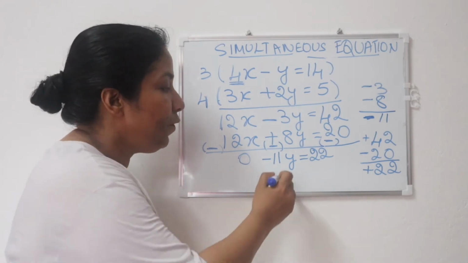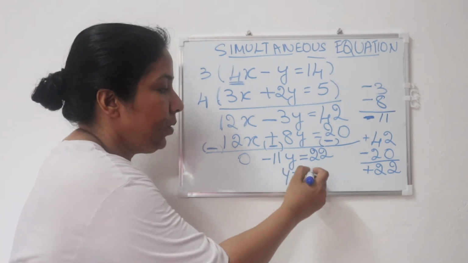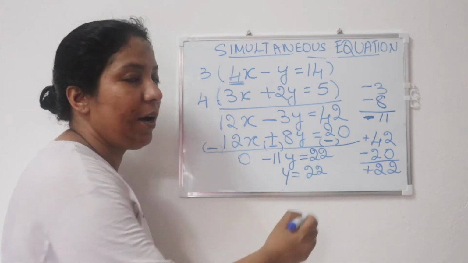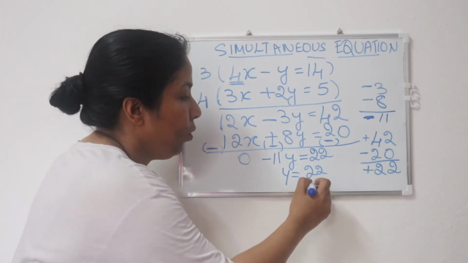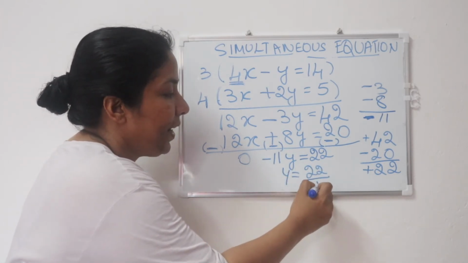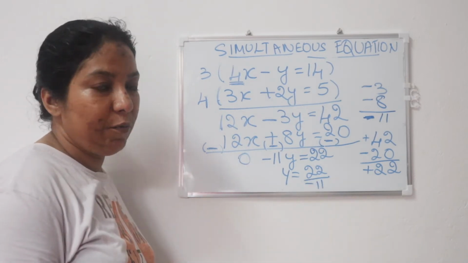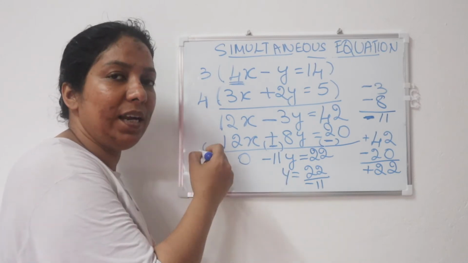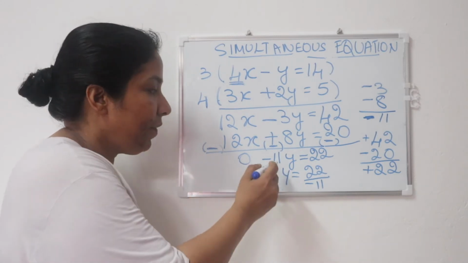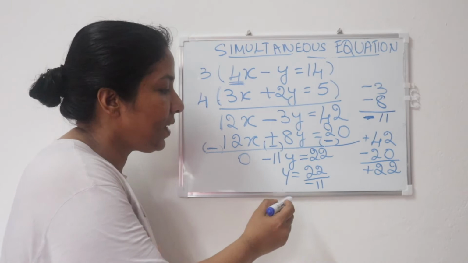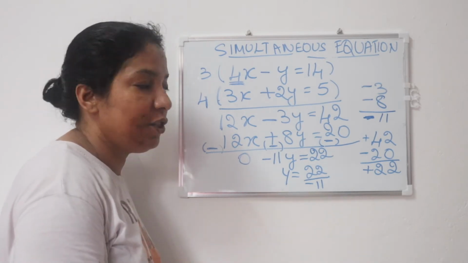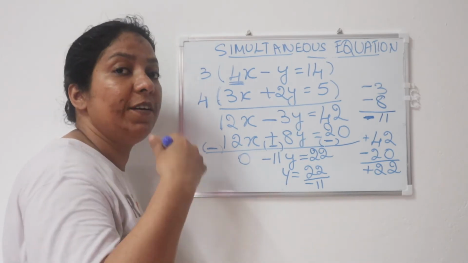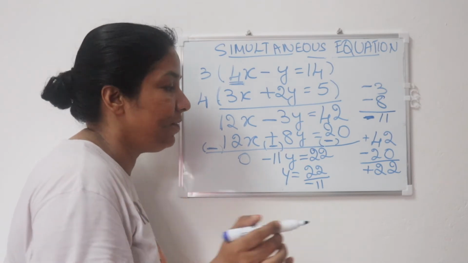Clear? Therefore y equals, on the right hand side you have 22 over negative 11. Why is it negative 11? Because it is 11 times y. On the left hand side there is multiplication, and when you take multiplication to the other side, it becomes division.